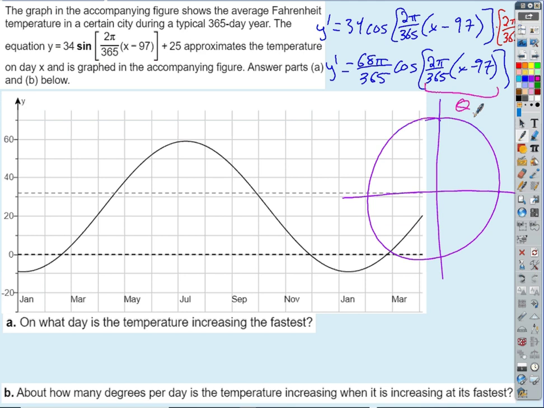Well, when does that expression inside, 2 pi over 365 times x minus 97, equal 0? At 97, right? How about that? Okay, make sense? Wow, I struggled. That's a tough one.